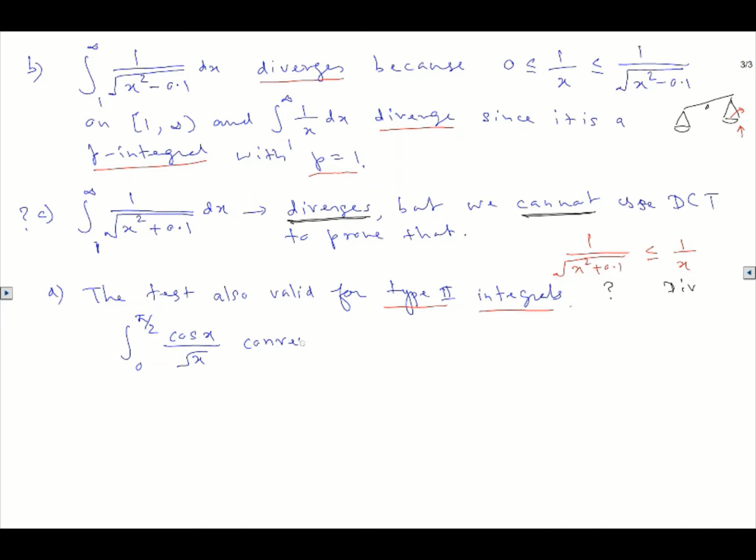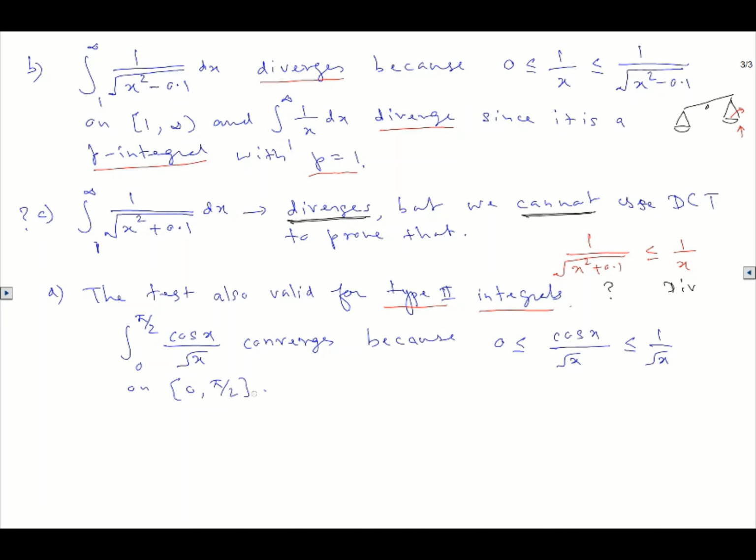You can say it converges because it's a very similar argument. We know that on the interval from 0 to pi over 2, this integral is smaller than the integral of 1 over square root x on 0 to pi over 2.